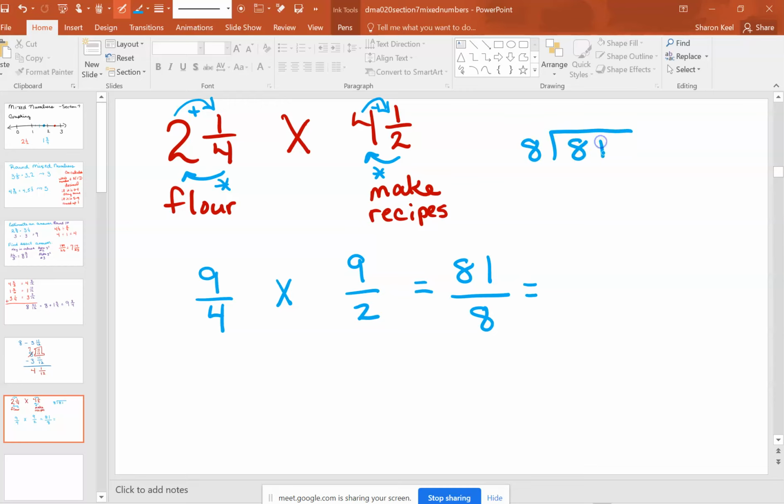This is what we did in the lesson. 8 goes into 81 10 times. 10 times 8 is 80, leaving 1. So the whole number, 10, is how many cups we need. And then the remainder, 1, is our new numerator. And the denominator, 8, stays the same. So we then need 10 1/8 cups of flour.